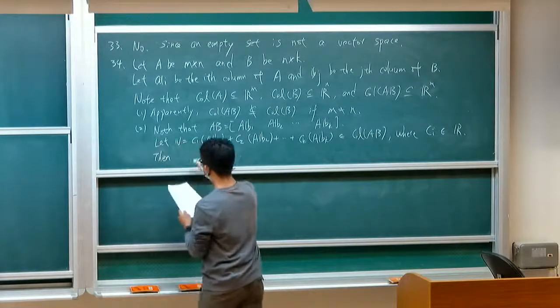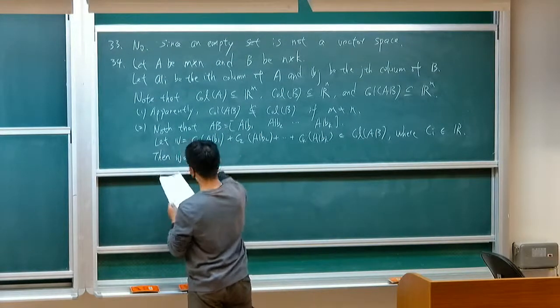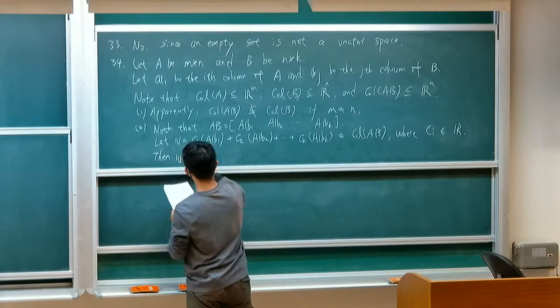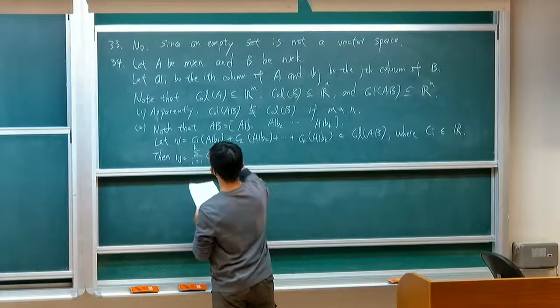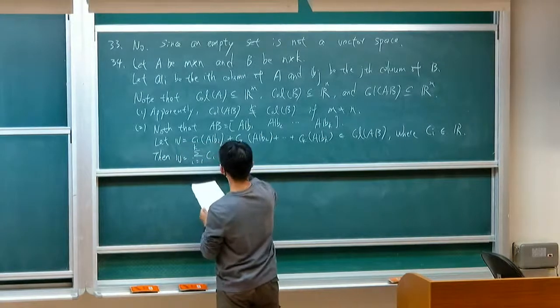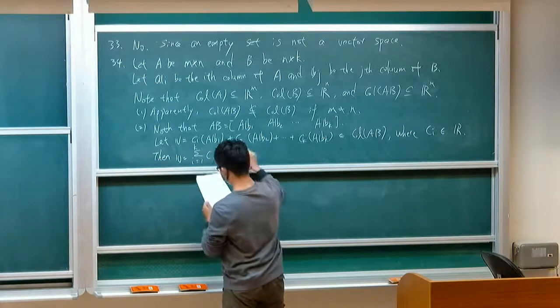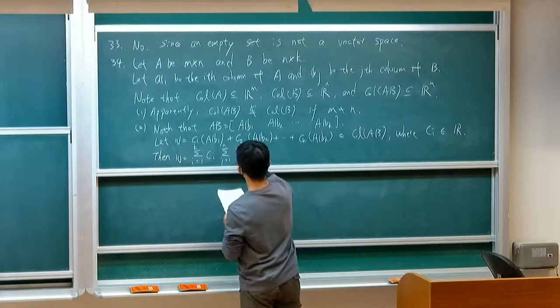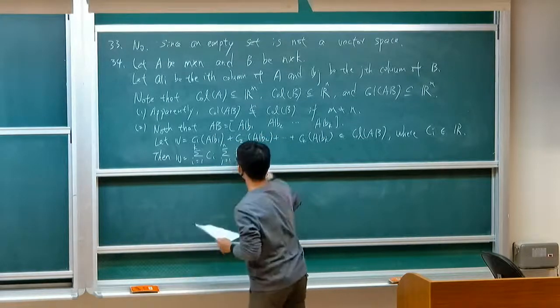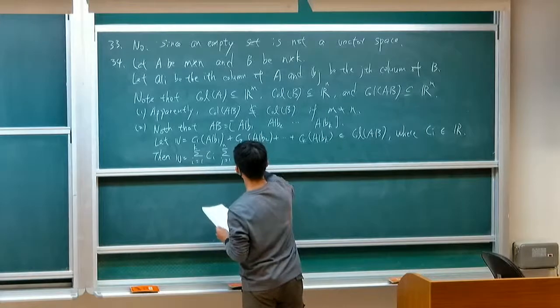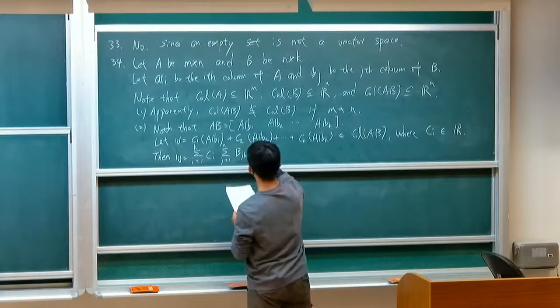Then v can be written as the summation from i equals 1 to k of ci times the summation from j equals 1 to n of Bjk times Aj.